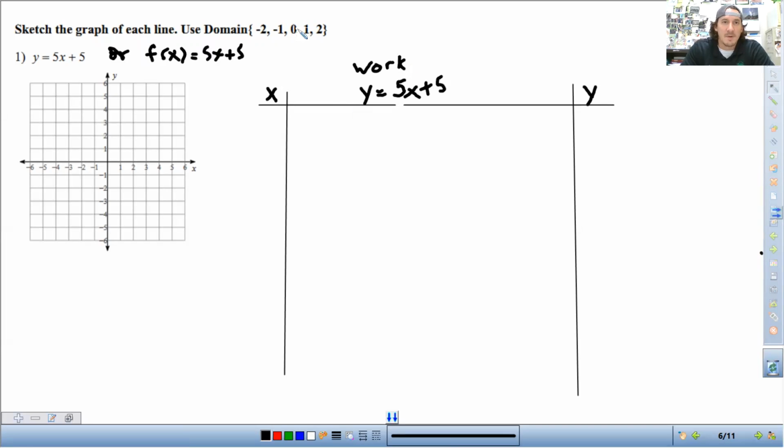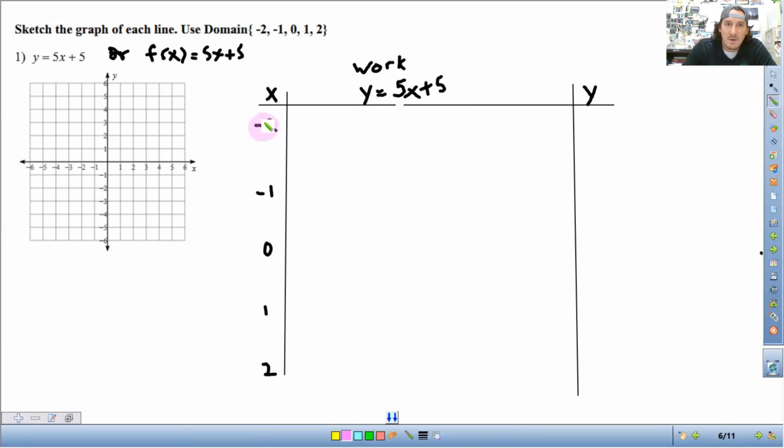All right. So I'm going to use this domain, the domain of -2, -1, 0, 1, 2. And then all I'm going to do is input the domain, the x value, into the function to get the output of y. I'm going to do that for each domain value.